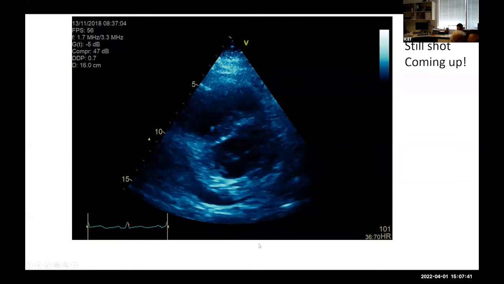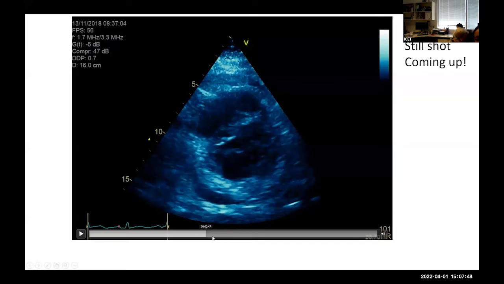Maybe here. So there is a bit of septal flattening in systole, isn't there? Yes.